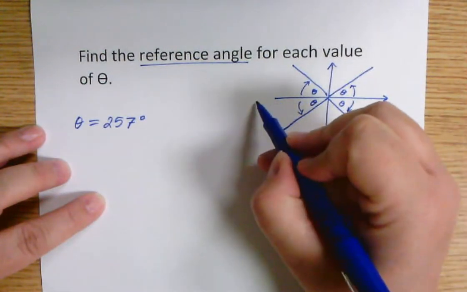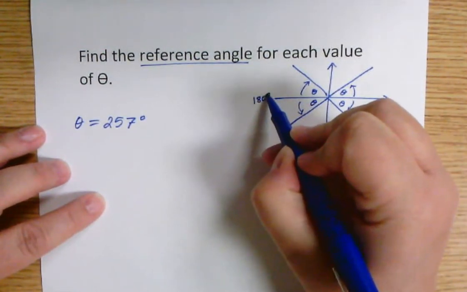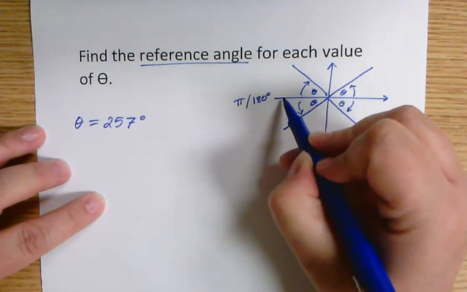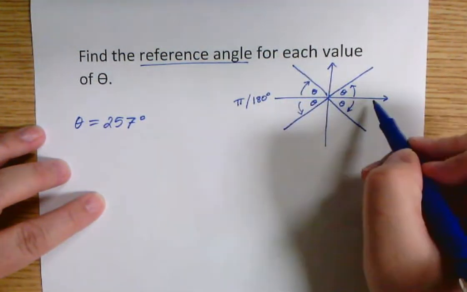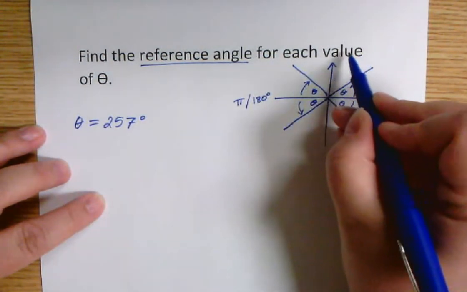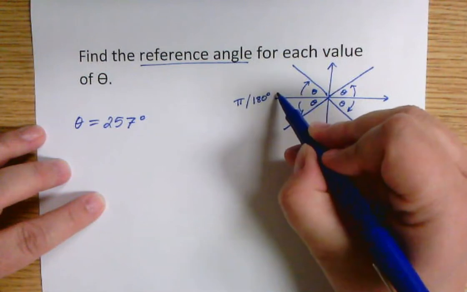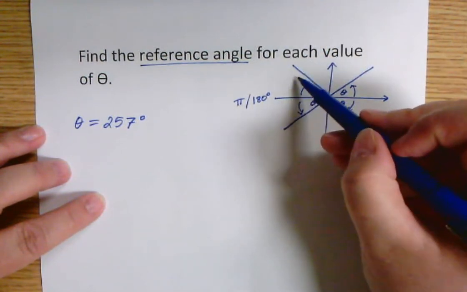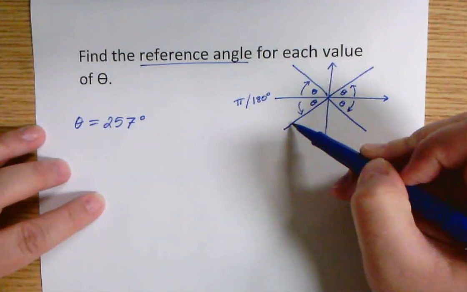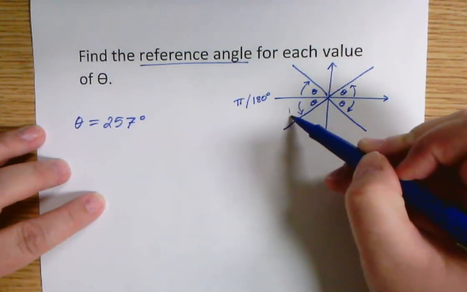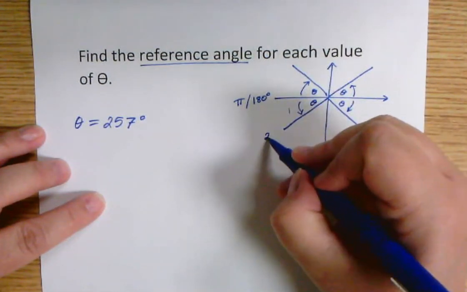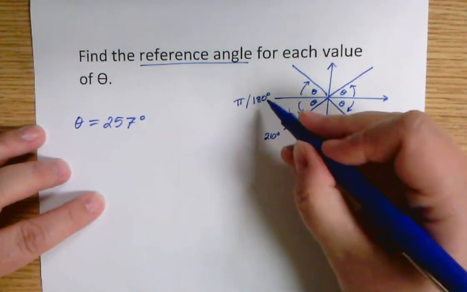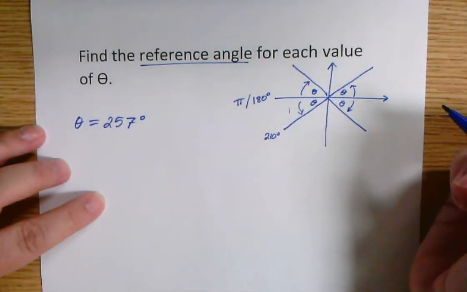In the second quadrant, it's 180 or pi minus your angle, because you have turned starting over here and you're not quite to 180 yet. So how much less than 180 are you? Now, when you're down here, it's how much bigger than 180 are you? For instance, if it's 210 degrees, my reference angle would be 210 minus 180, which is 30.